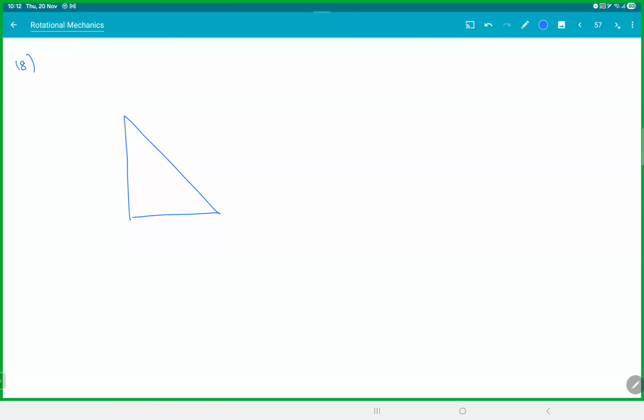What if I take a triangular plate and if I rotate it about the base? Mass m, height is h, the base is b. It's a uniform triangular plate. Find the moment of inertia about the base.